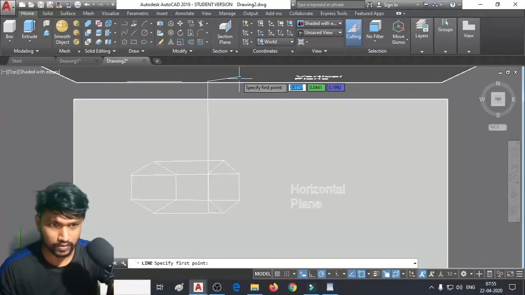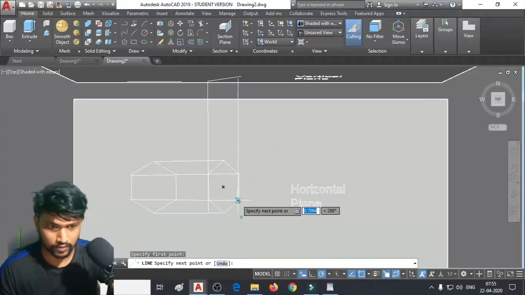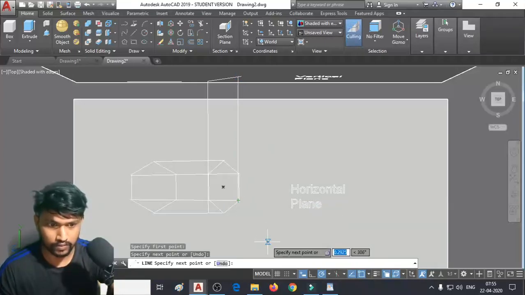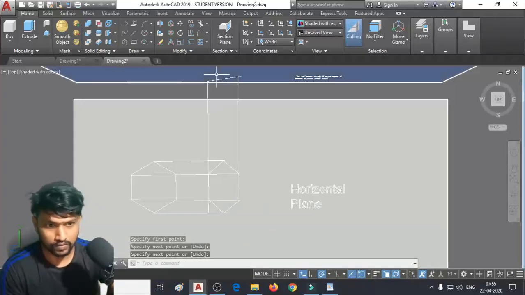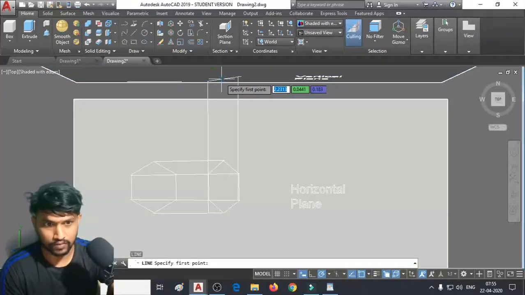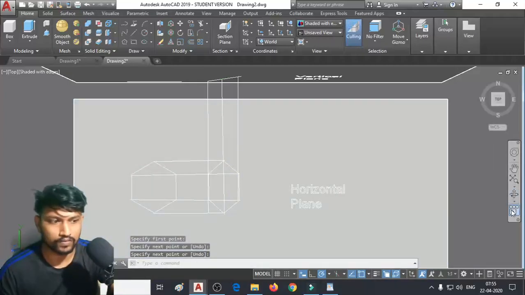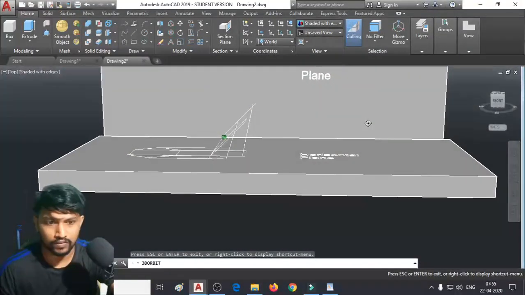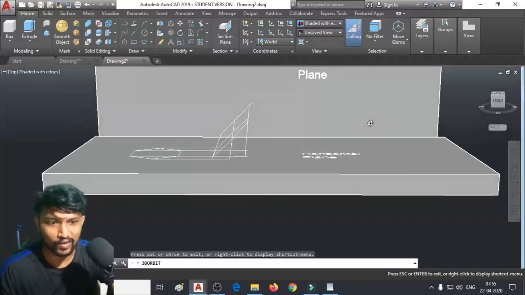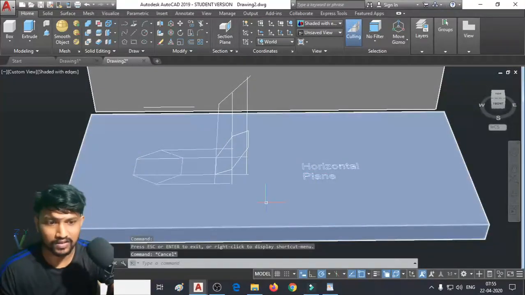Actually, the end points are made by these projections. Don't worry that they are connected this way.